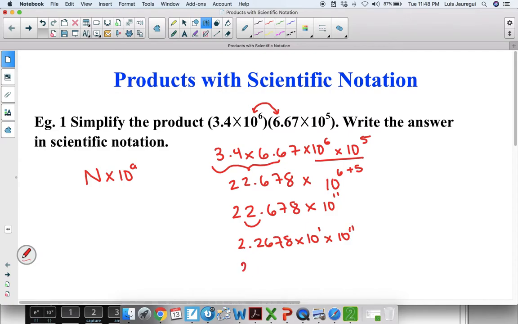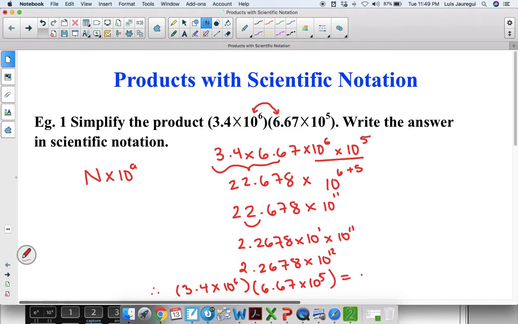So rewriting it one more time, this is 2.2678 times 10 to the sum of these two powers, so that gives you times 10 to the 12th power. So we can conclude, therefore, that the product 3.4 times 10 to the 6 times 6.67 times 10 to the 5th is equal to 2.2678 times 10 to the 12th.